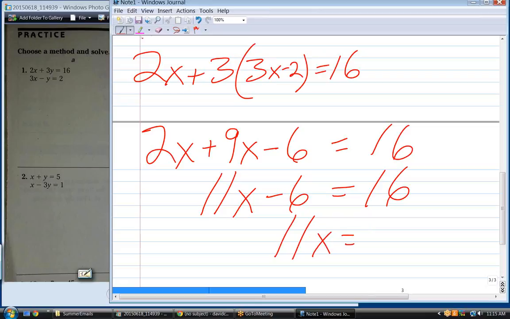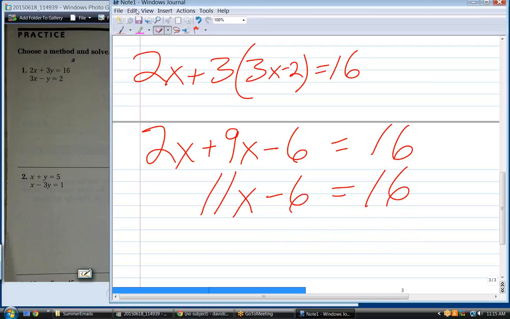minus... Remember, you're always going to do the opposite. Let's talk about this for a moment. If I want to get rid of that negative 6, I know the way they teach it in school is to do this. Right? Yeah. Well, why write that? It always results in the same thing, which is to get rid of the negative 6 on the left side. Okay? So, if it's helpful to you, write it.